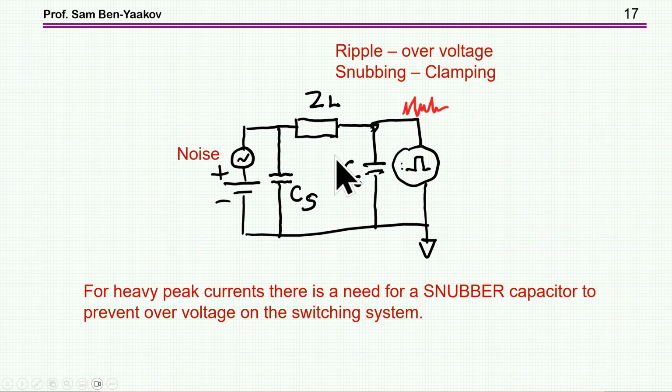And to be on the safe side, if you would like to eliminate or reduce or attenuate the injection into the source, you do need an impedance here. Now, if the injection is very high, that is very high currents, then we need capacitors which are capable of capturing and handling these high currents.